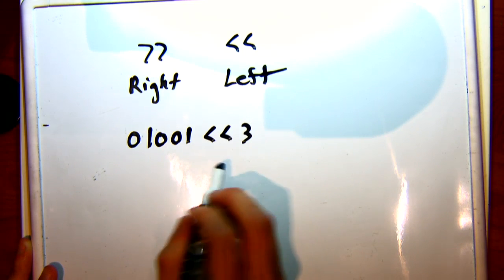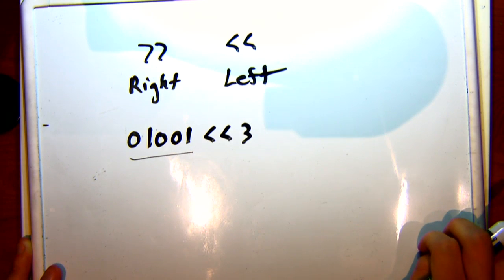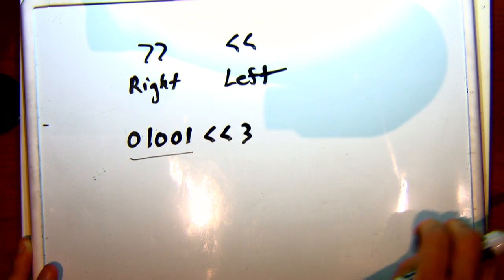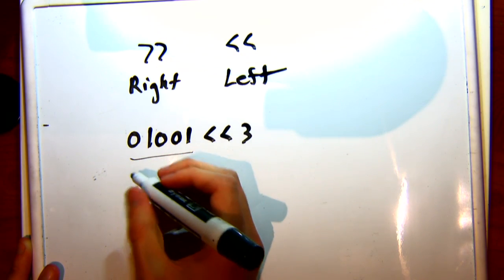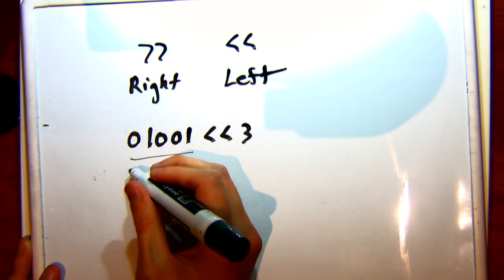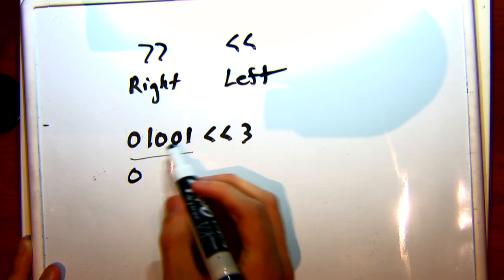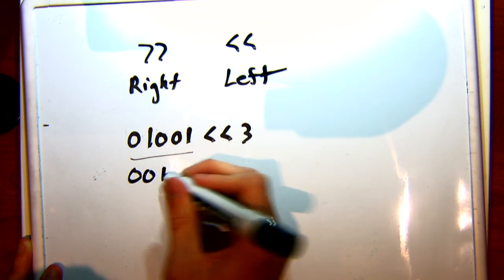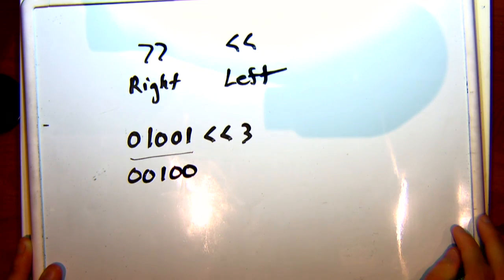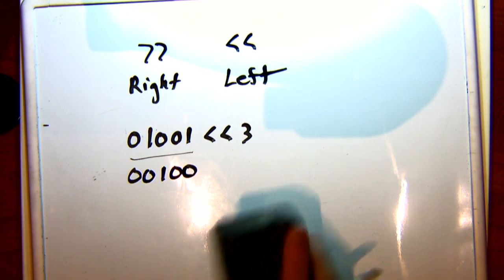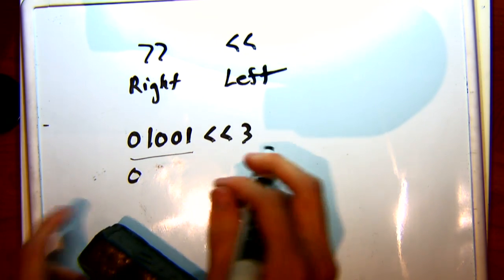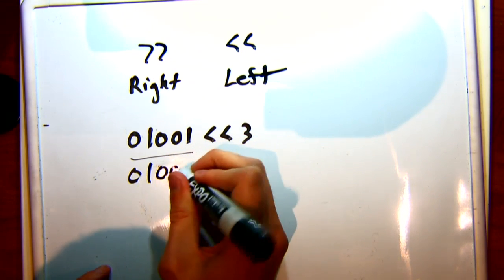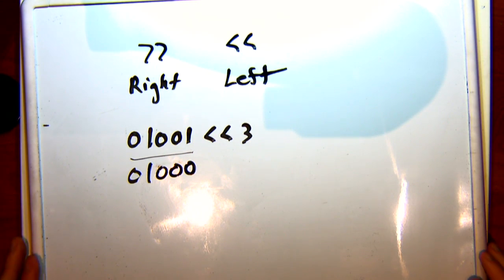This basically just means shift this number left by 3. And when we're shifting left, we just always pad in zeros. So we're going to shift this by 3, and we're going to end up getting, actually that's 2, we're going to end up getting that.